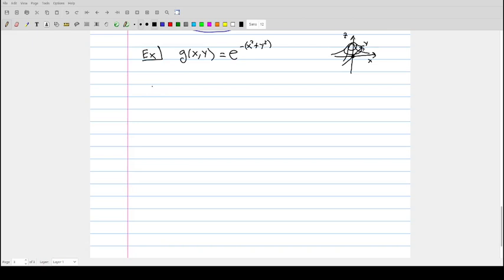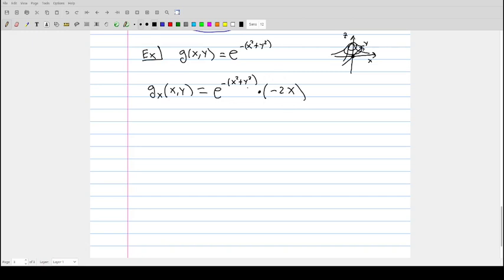So I'll use the other notation here just to show that you can use either notation. gx as a function of x and y is going to be equal to the x partial derivative of this function, where we're going to have to use the chain rule. So the x partial derivative, where we're keeping y constant, is going to be e to the negative x squared plus y squared multiplied by the x partial derivative of this function right here, which is going to be negative 2x.